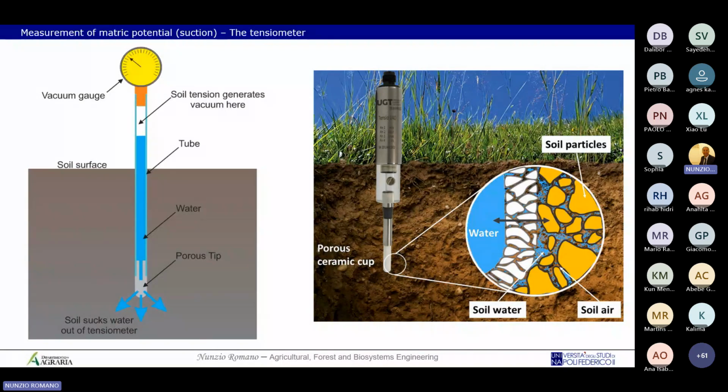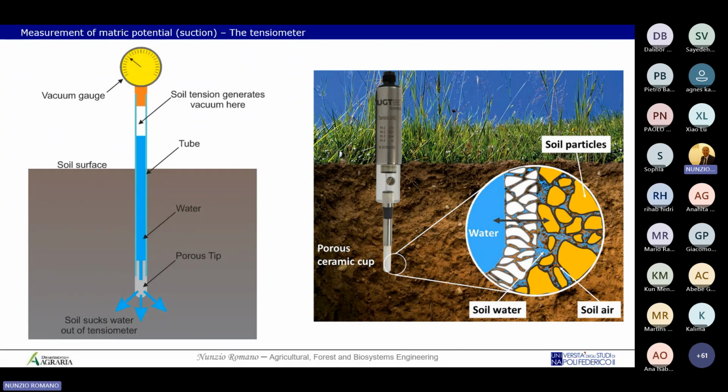Mostly the porosity gives you the possibility to measure higher suctions, of course, but the type of cup and the type of membrane also affect the measurement. I hope I answered this interesting question.